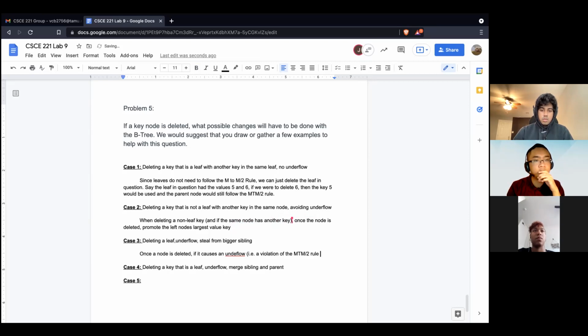Yeah, I think that's what he explained in the video. Or it's when no key is left in a node when the target key is deleted, i.e., no key is left in the node.